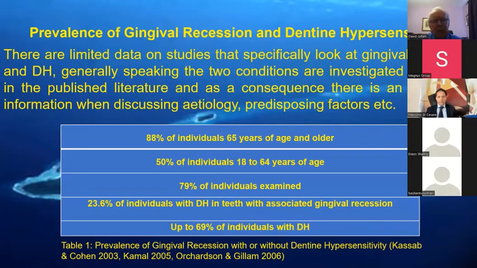There were also 50% of the individuals aged 18 to 64 examined. Of those examined, 24% had dentine hypersensitivity associated with gingival recession. And from the overview by Orchardson and Gillam, we found that 69 to 74% of individuals had dentine hypersensitivity, although when you clinically evaluate these individuals, it generally goes down to about 15%. Next slide, please.